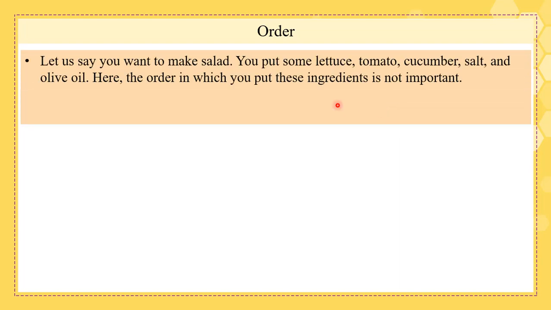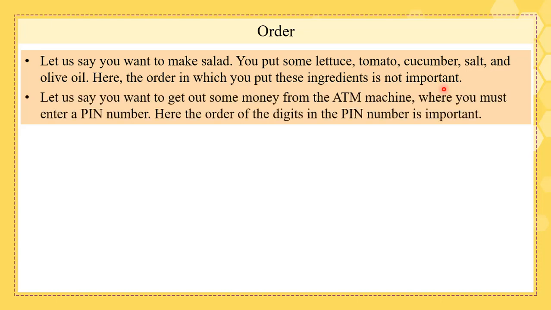Now, let's see the order. Let's say we want to make a salad and we want to put lettuce, tomato, cucumber, salt, and olive oil all together. In this case, the order in which you put these ingredients is not important. If we put lettuce then tomato, it would be the same as putting tomato then lettuce.